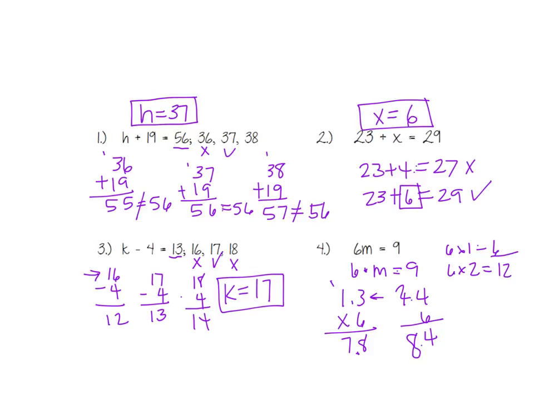That's closer. So 1.5. And I get 9.0. Awesome. So my answer is m is equal to 1.5, which means if I substitute that value in for m, it will give me that answer.